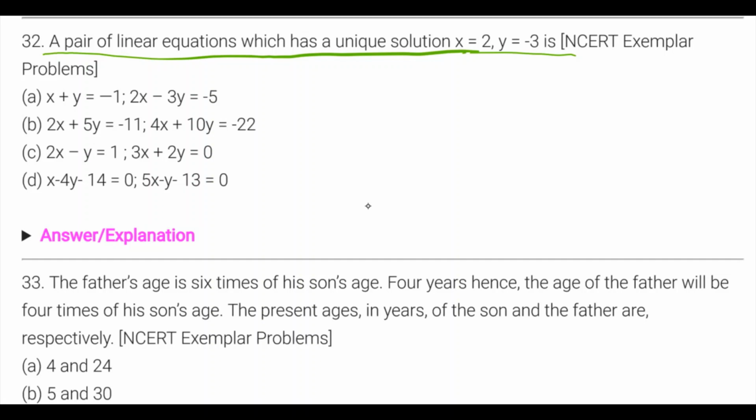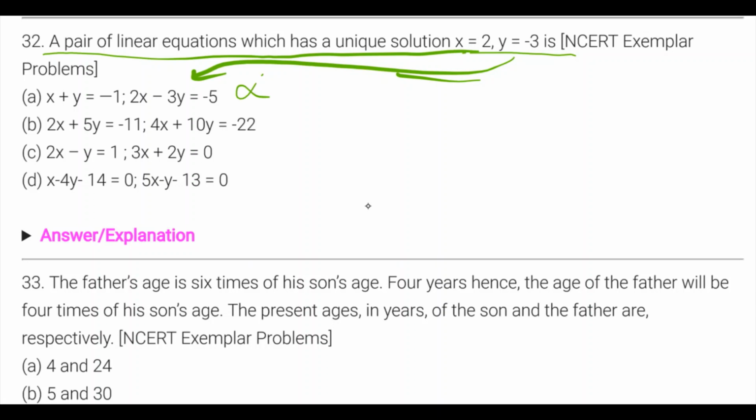So directly substitute the values 2 and minus 3 in the options. For the first option, 2x plus y: 2 minus 3 is minus 1. This is 2 into 2 is 4, 4 minus of minus 9. So option A is not satisfying.